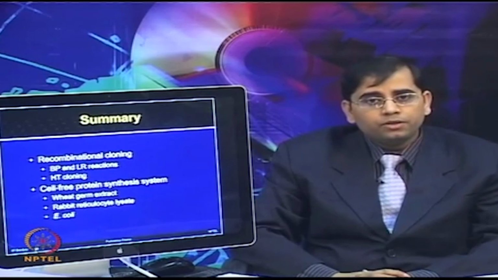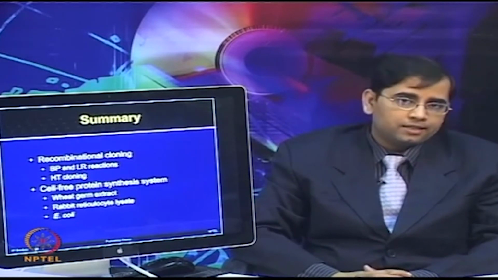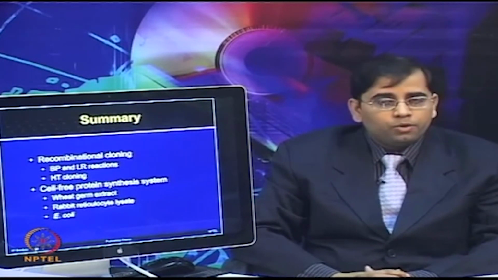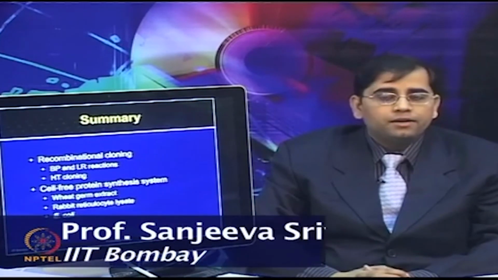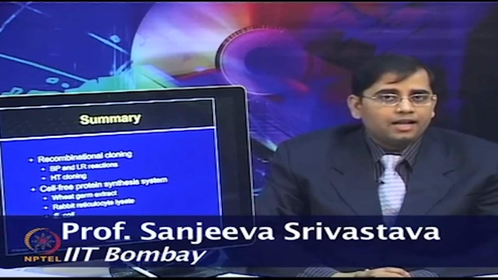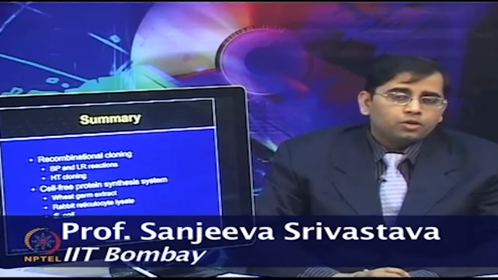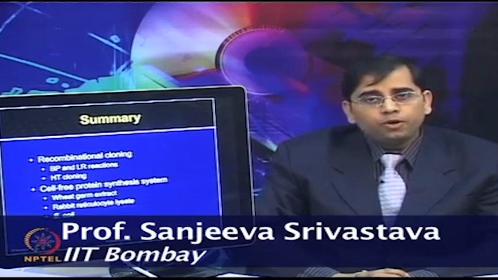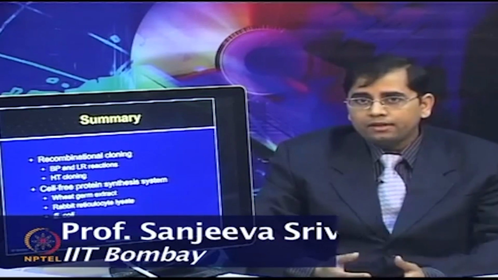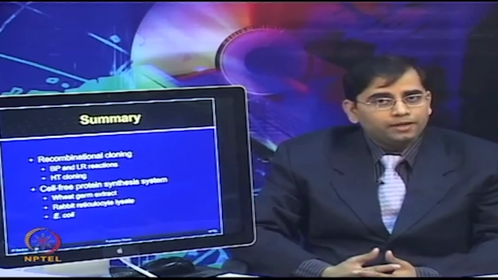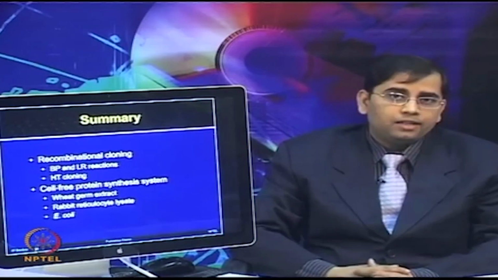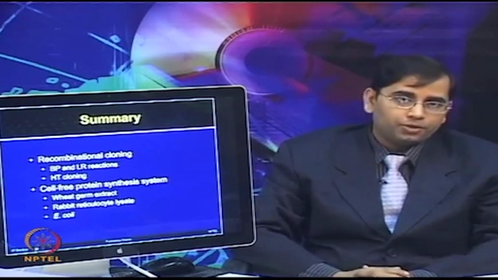We then discussed the cell-free protein synthesis system. We talked about wheat germ extracts, rabbit reticulocyte lysate as well as Escherichia coli based systems. Now, these concepts will be very important when we discuss further in the following lectures about protein microarrays and especially the cell-free expression based protein microarrays.